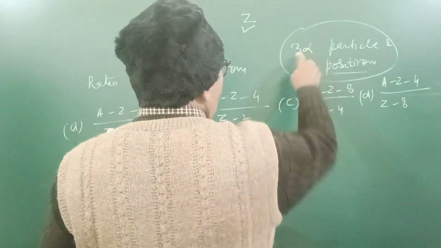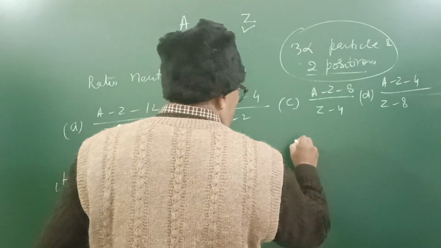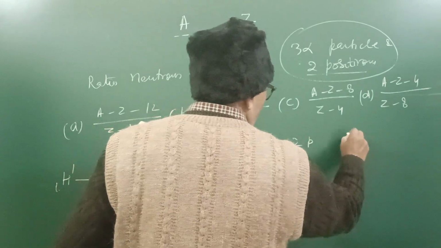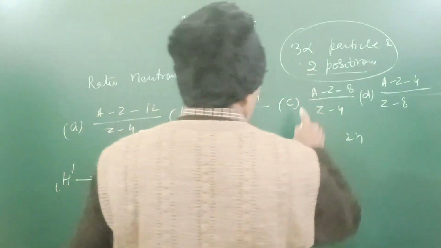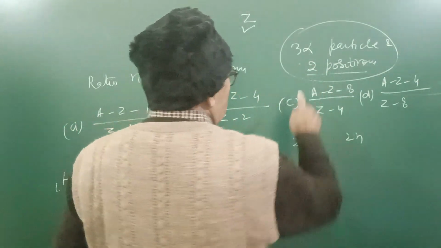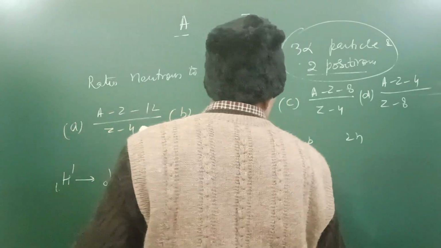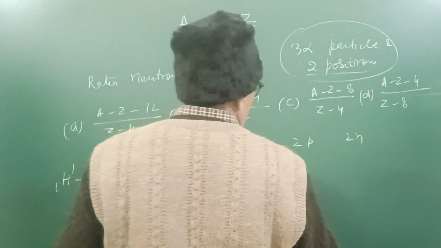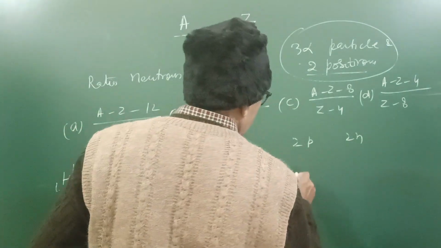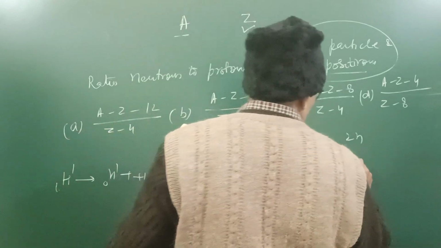For each alpha particle, 2 protons and 2 neutrons are emitted. So for 3 alpha particles, 6 protons are emitted and 6 neutrons are emitted.